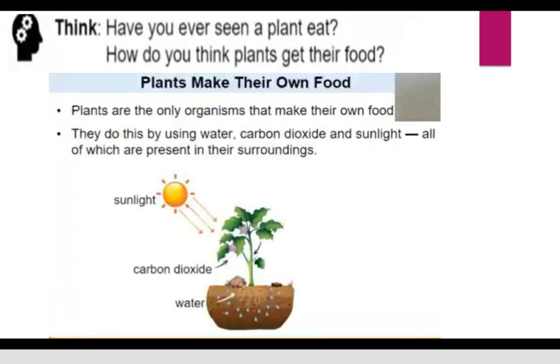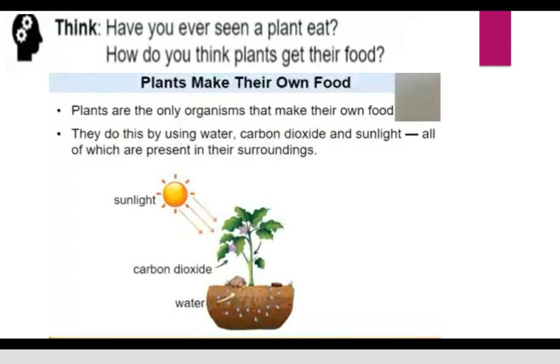Plants are the only organisms that can make their own food. And by which process can they make their own food? They can make their own food with the process of photosynthesis. They do this by using ingredients like water, carbon dioxide and sunlight.